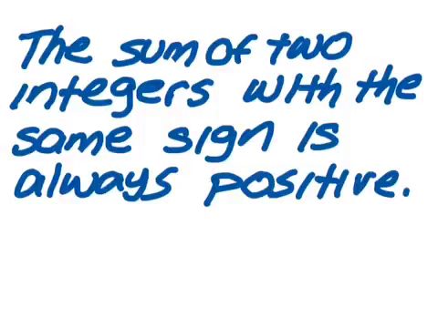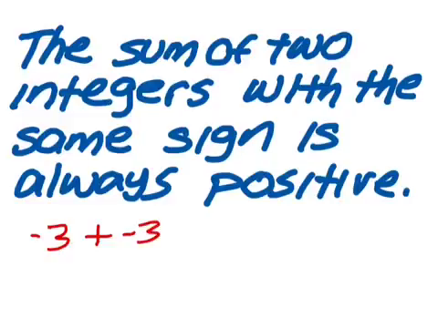Suppose you have the sum of two integers with the same sign. Is the sum of two integers with the same sign always positive? Well, let's see. The sum means plus, right? Let's say negative 3 and negative 3.